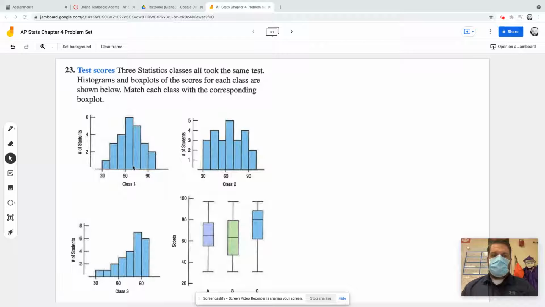So I'm guessing that the median of this one is probably around 70. So I'm looking for this middle line in the box plot to be close to 70, all right? Now this one looks to be the closest to 70, but I can't be too sure.